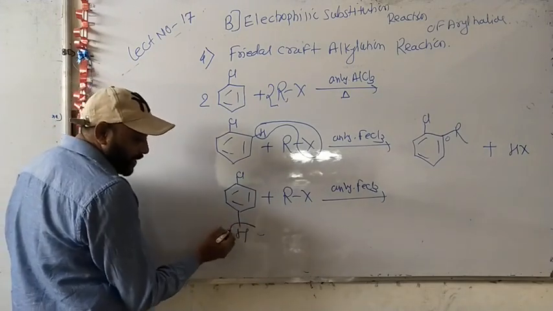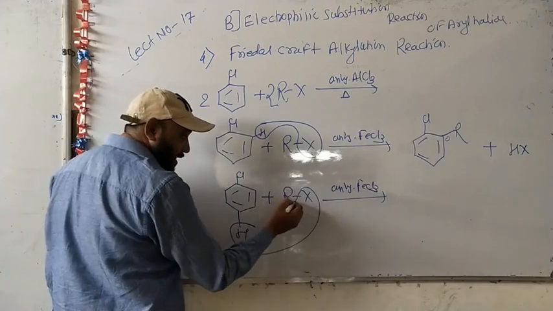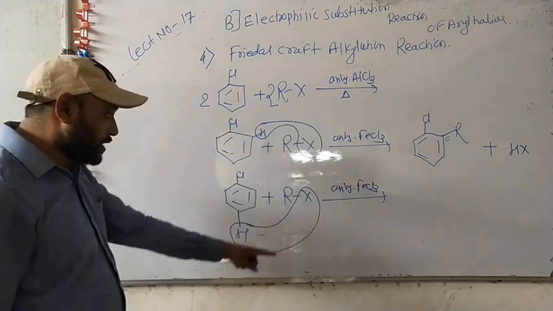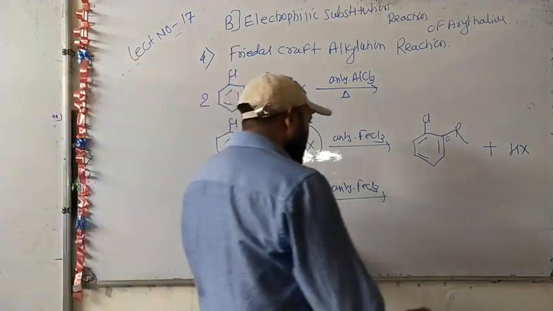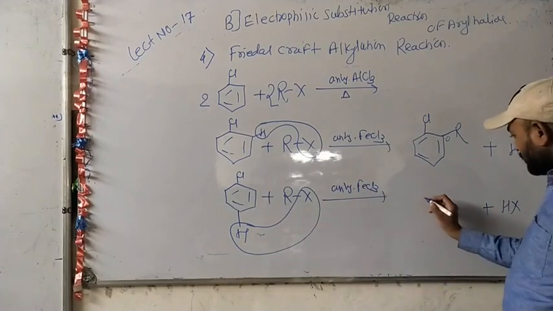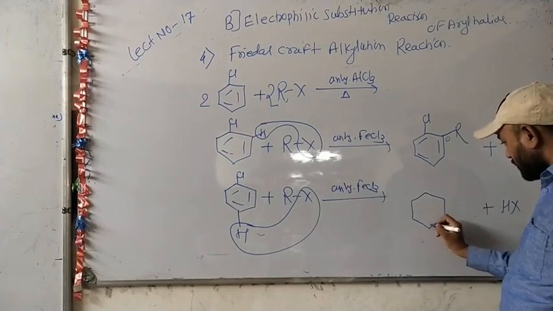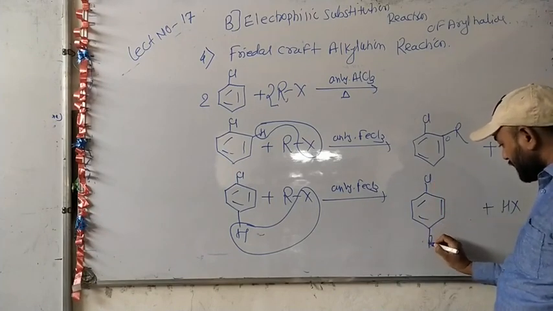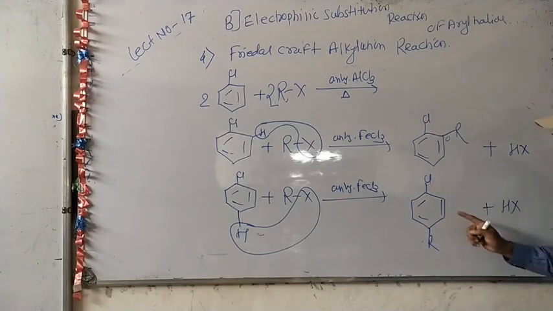So from the para position hydrogen is replaced, and from the alkyl halide X is lost. So what is lost from this side? HX. What will be the product formed? The product formed is Cl here and R, forming para-alkylated chlorobenzene.